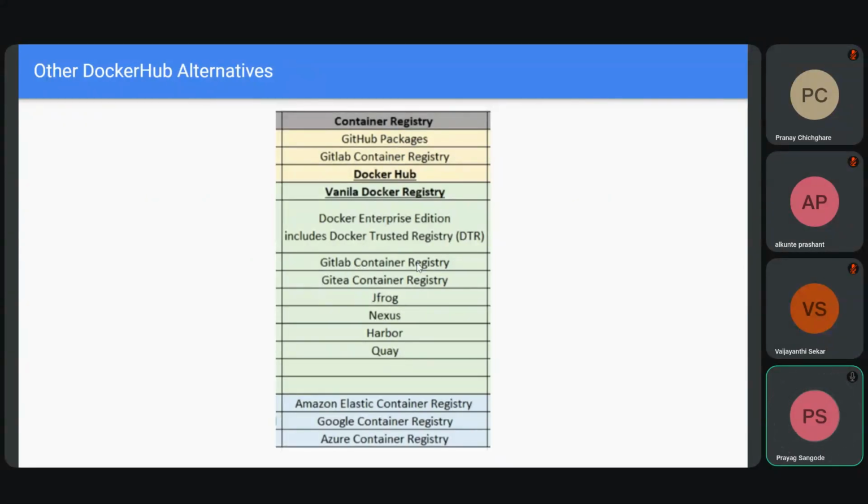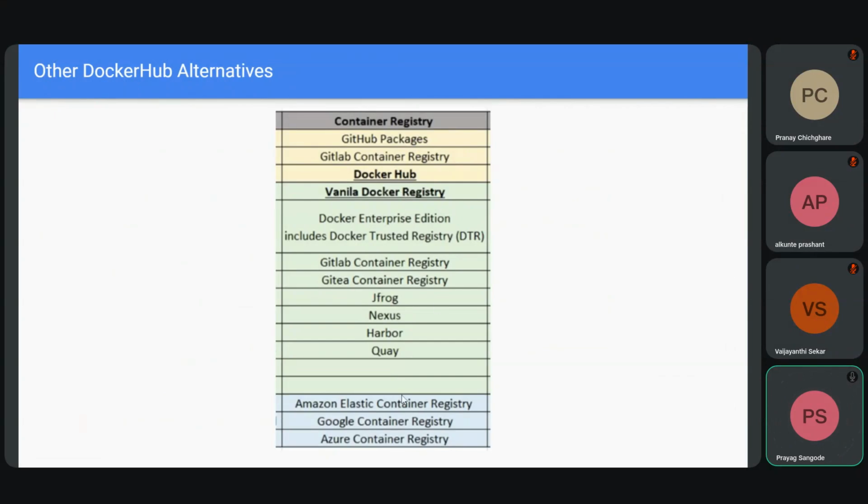GitLab Container Registry we can have on-prem as well, and Gitea also has a container registry that is on-prem. JFrog, Nexus, Harbor, Quay are also on-prem, and some of them also have cloud-based offerings. They also have both free and premium plans. Then AWS has Amazon Container Registry, Google has Google Container Registry, and Azure has Azure Container Registry.